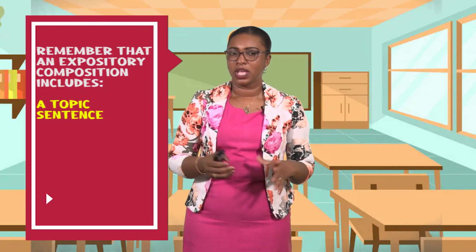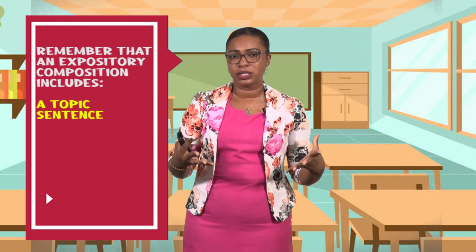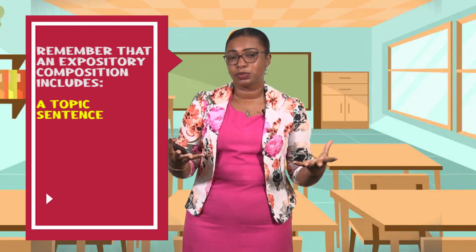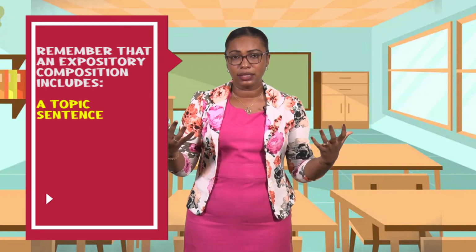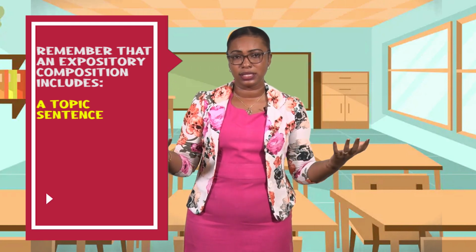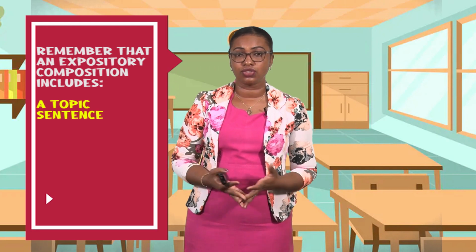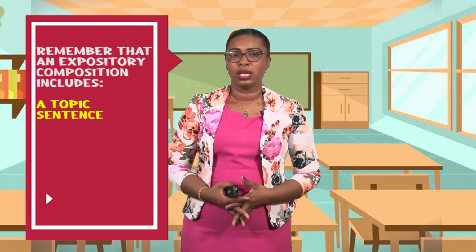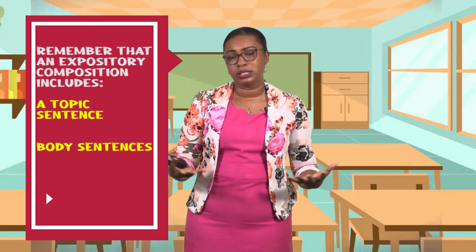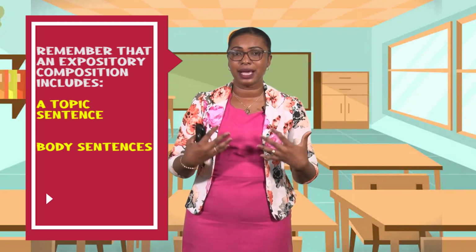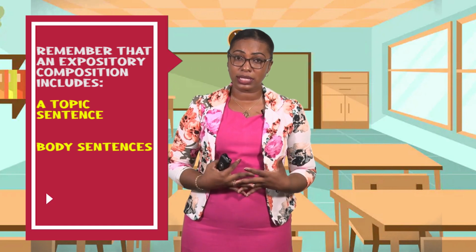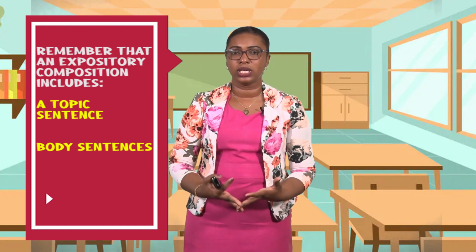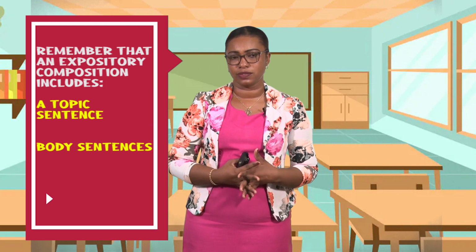Now remember that an expository composition or expository writing includes a topic sentence, and in that you are saying what the task or the instructions will be based on. Then you have your body sentences in which you give the entire details or the steps to complete that process or to find a location that you are giving directions for.